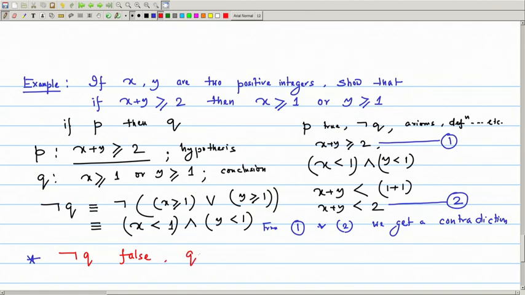So, Q is true and the theorem is proved.